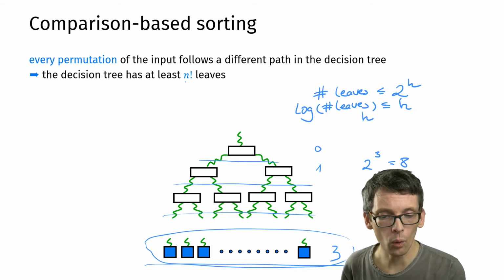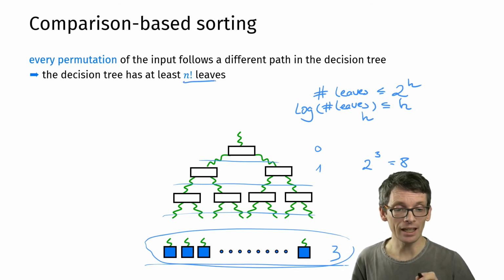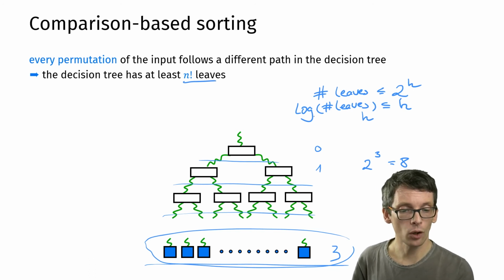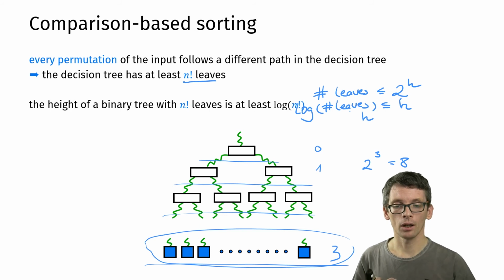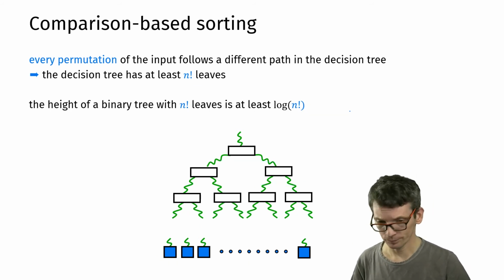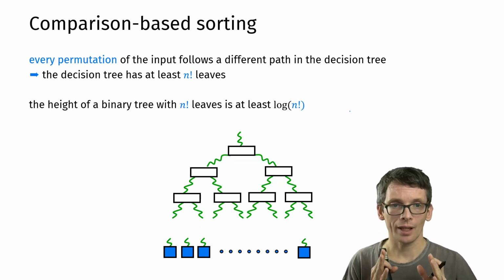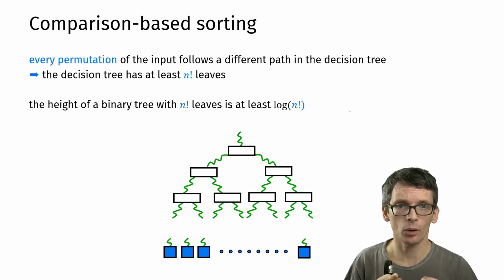Now, if I know that I have at least n factorial leaves, that means I know that I have at least log n factorial height. So the height of my tree is at least log n factorial.